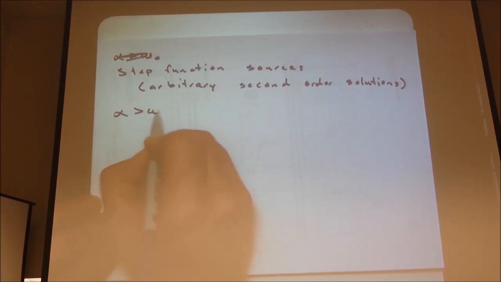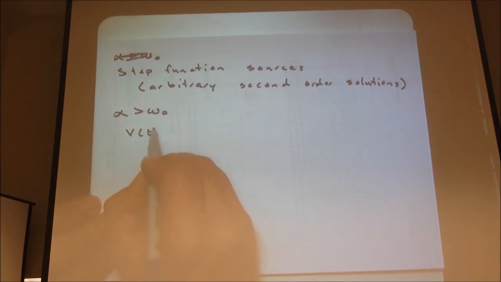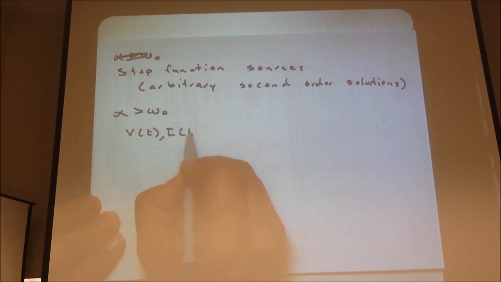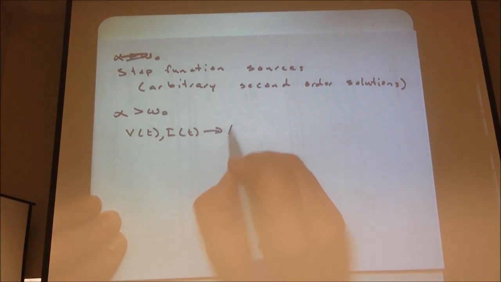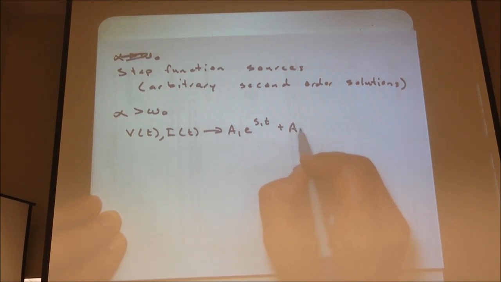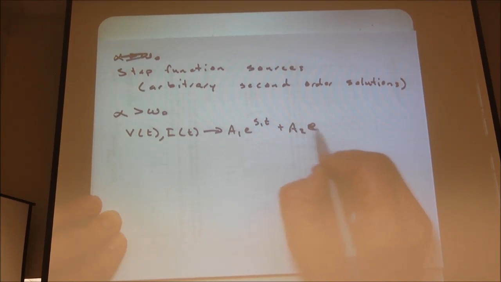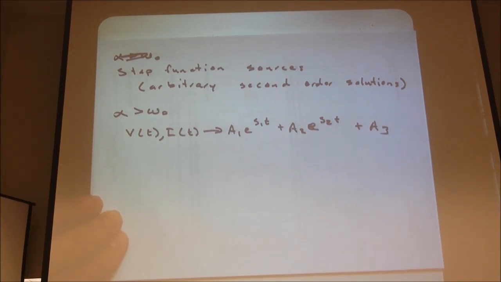Alpha greater than omega naught: v of t, comma, i of t, whatever the case may be, goes to A1 e to the s1 t plus A2 e to the s2 t plus A3. That's boxable.